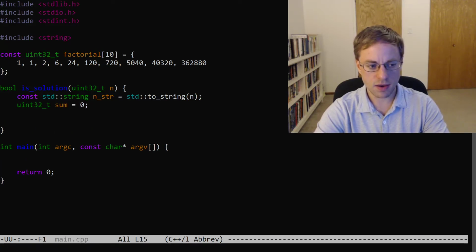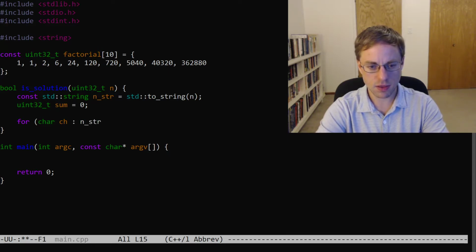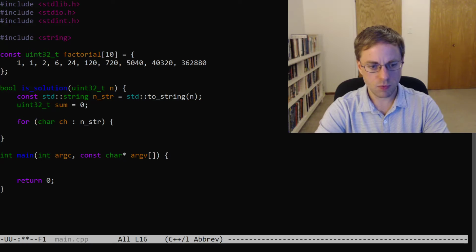Need a variable to keep track of our sum. And then we'll just say for each character in the string, we're going to add ch minus '0'.